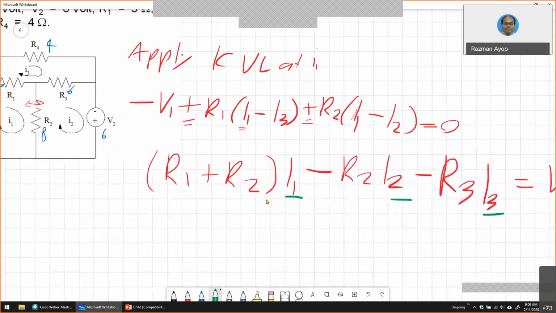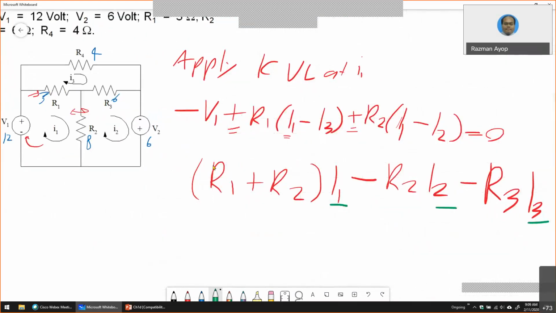So just insert the values. You can insert the values before or after, and you will get the same answer. For this case, R1 plus R2: R1 is 3, R2 is 8, so 11 I1, minus R2 is 8, I2, minus, wait, I think something is wrong.